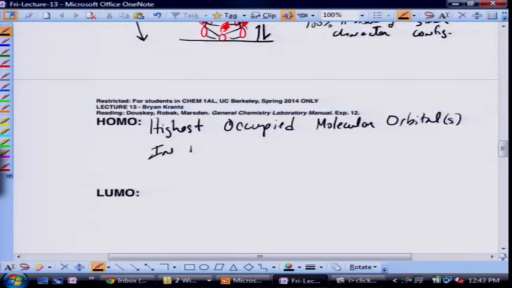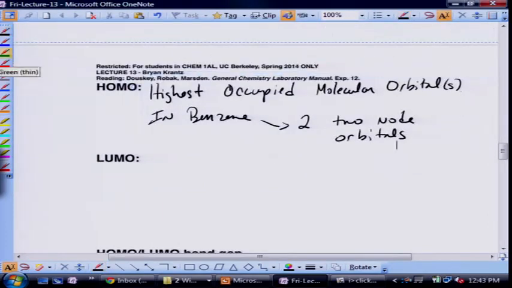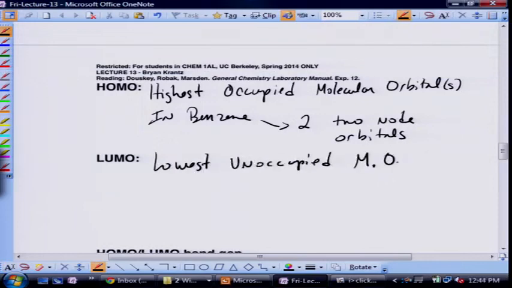So in benzene, we basically have these two 2-node orbitals, okay? And then we have the lowest unoccupied molecular orbital, okay? And the lowest unoccupied molecular orbitals in benzene are those two 4-node orbitals, okay?